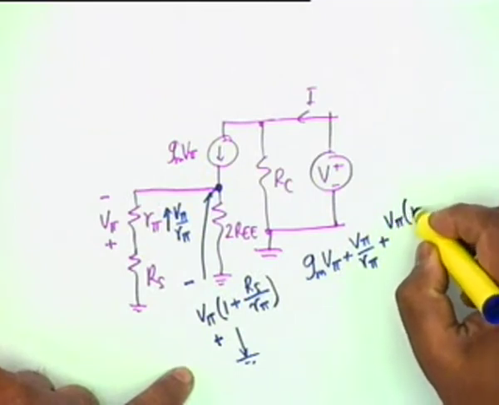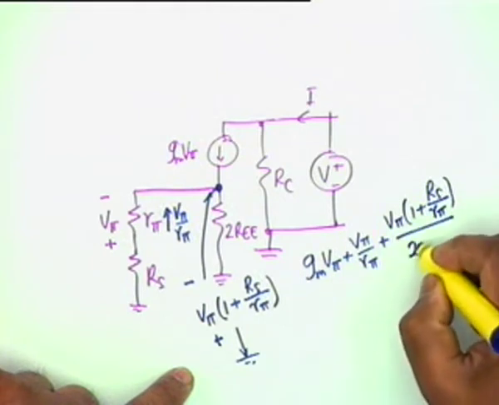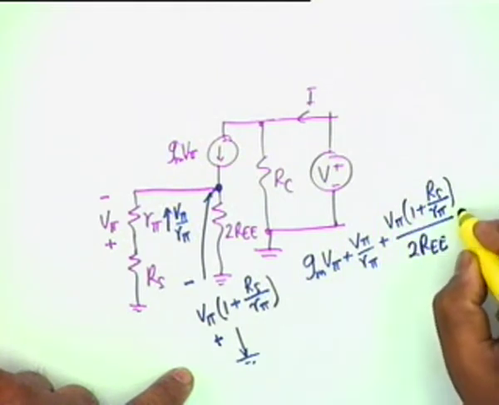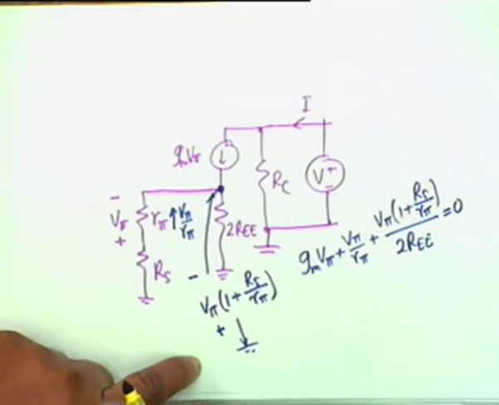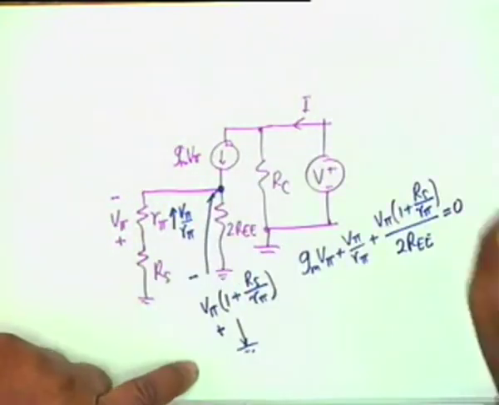So V pi (1 plus RS divided by R pi) divided by twice REE, this should be equal to 0. Is that point clear? We have not assumed a voltage across GMV pi. We don't have to. We write a KCL.